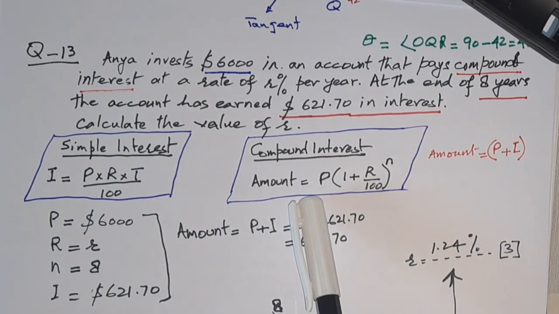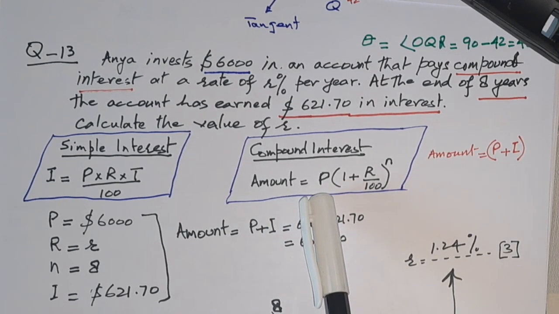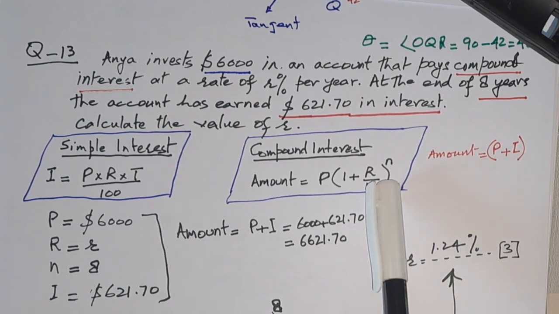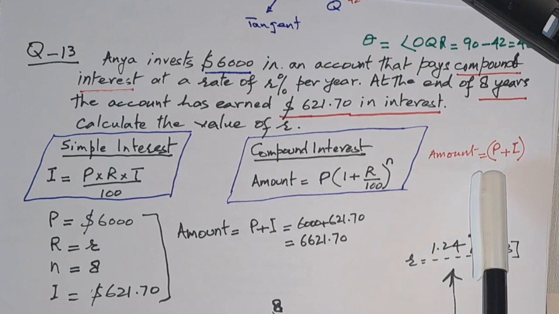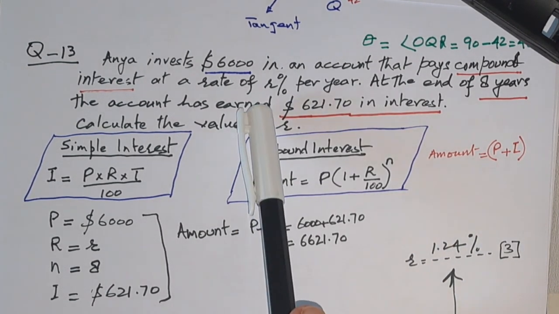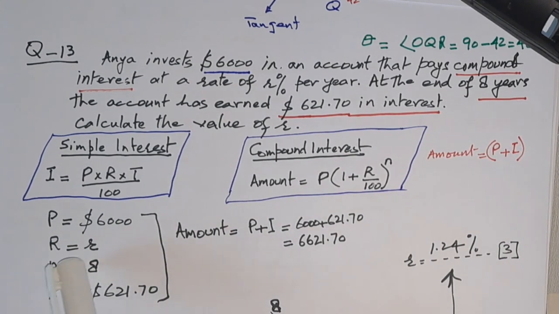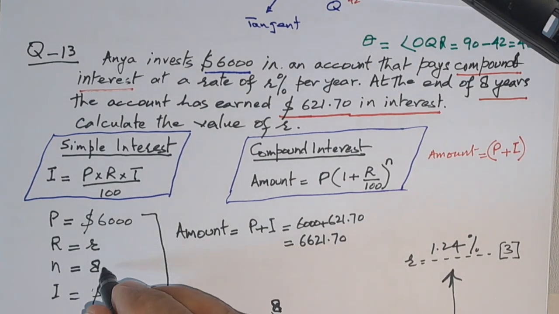Whereas in compound interest, amount is equal to principal times bracket 1 plus rate raised to the power n. Now this amount is equal to the principal amount plus the interest itself. In the question, we are given principal amount is $6,000, R is small r, n is equal to 8 years, number of years is 8 years.